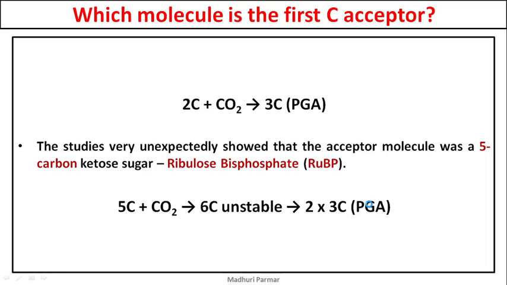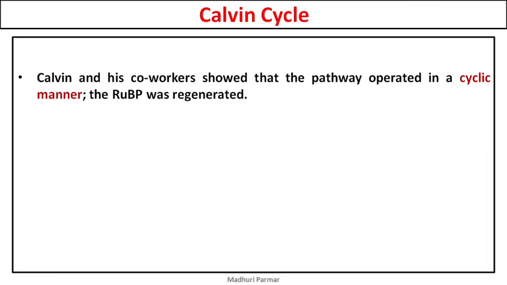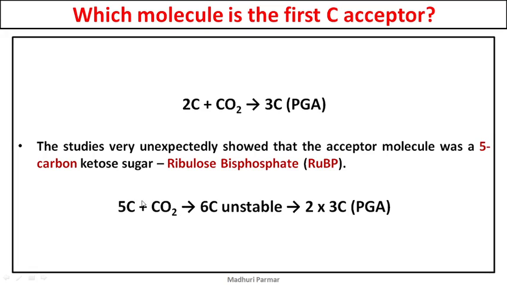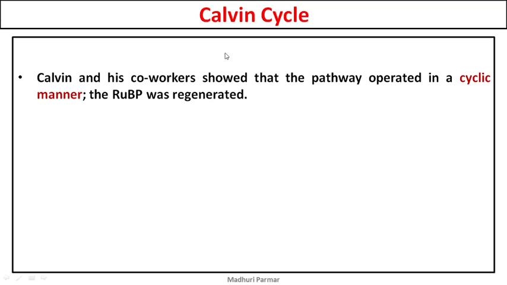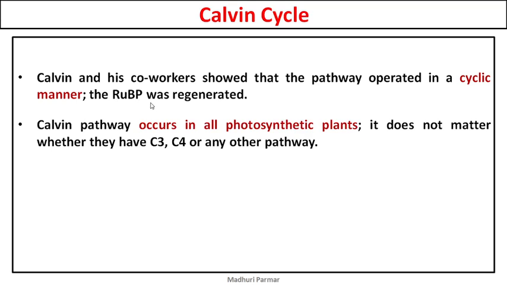Fine till here? Okay. So Calvin and his co-workers showed that the pathway operated in a cyclic manner. They also showed that whatever RuBP was used, the 5 carbon RuBP, is regenerated after the whole cycle is over. You get back the RuBP.